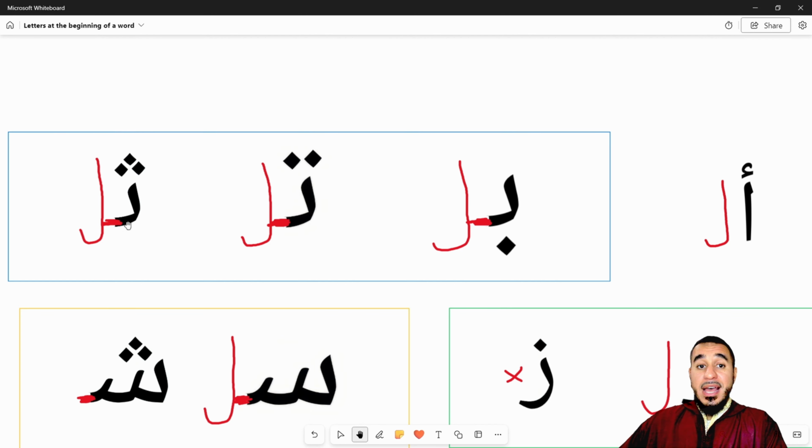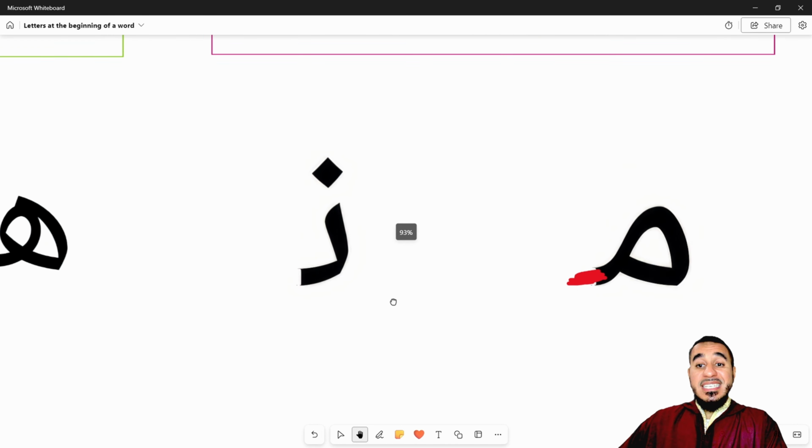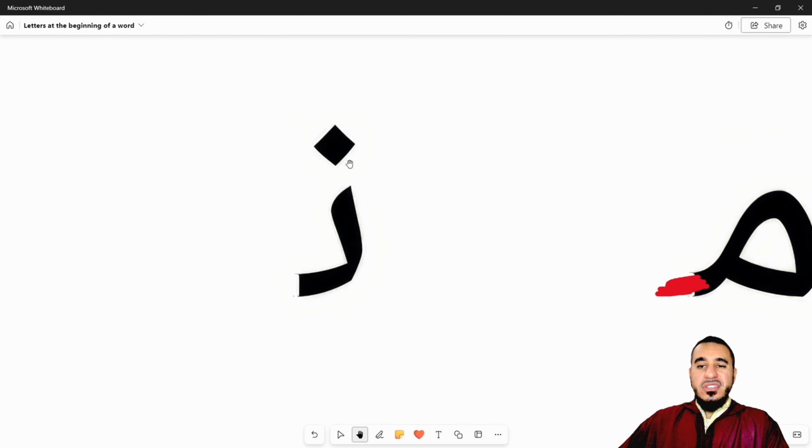And the tha has this shape. But the ba, we know this is a ba because it has a singular dot below it. The ta, we know it's a ta because it has the 2 dots above it. And the tha has the 3 dots above it. And the noon has a singular dot above it. So that's how we can differentiate between those 4 letters, even though they have the same shape. Just the positioning and number of dots.